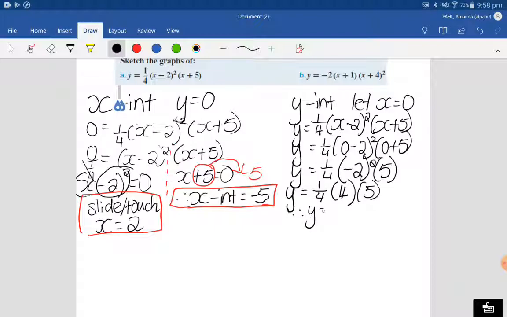Therefore, y equals 5 as a positive. Also a key feature of the graph.